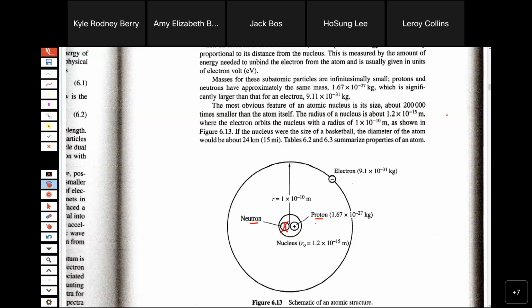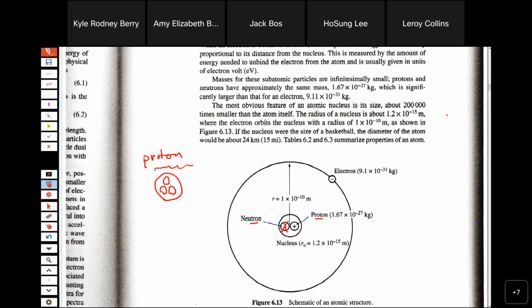But the proton could have some quarks, possibly 3 quarks. But it's a whole nuclear energy and we call it a proton. That's why there's a lot of energy.